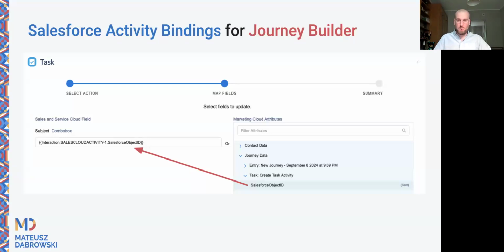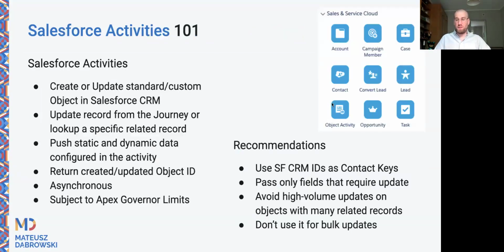I also mentioned earlier that there are these 9 activities, but the object activity can do everything else. So probably the easy question is, okay, then should I use only the object activity? I would say not really. Using the other activities is really good because they have specific names and images, and it will make it much easier to see on your journey what is happening, what you are actually doing with the Salesforce activity.